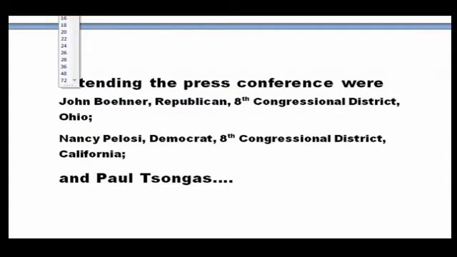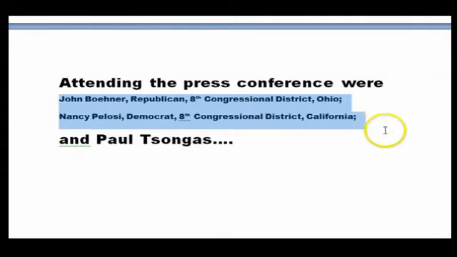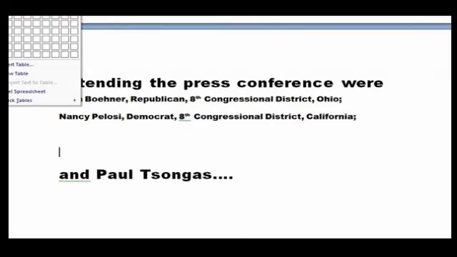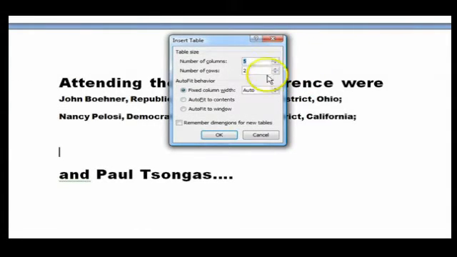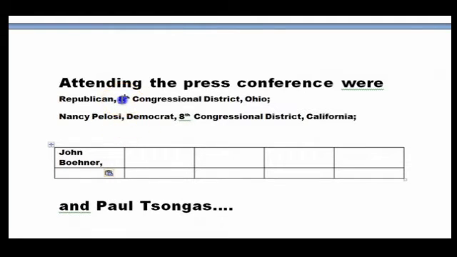Hopefully you can still read all this, so that what the semicolon is inviting you to do is consider that this is table information. So then John Boehner becomes the first item in the table. The Republican, the party affiliation, becomes the second item in the table.